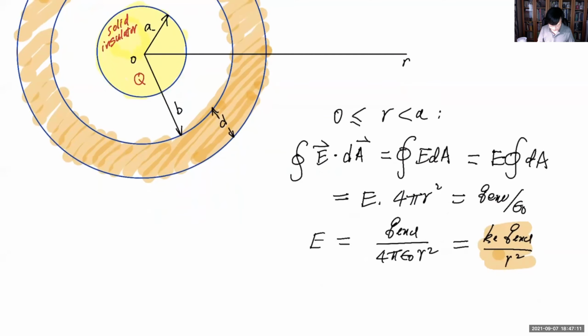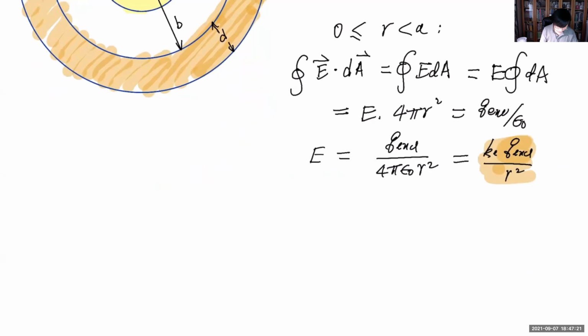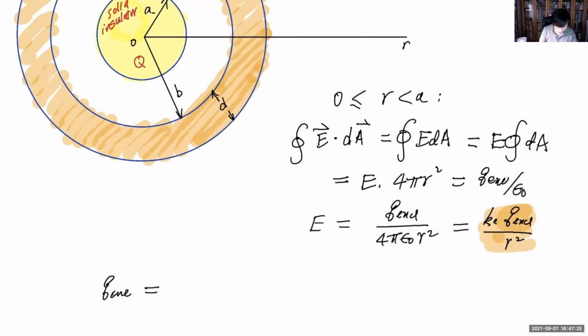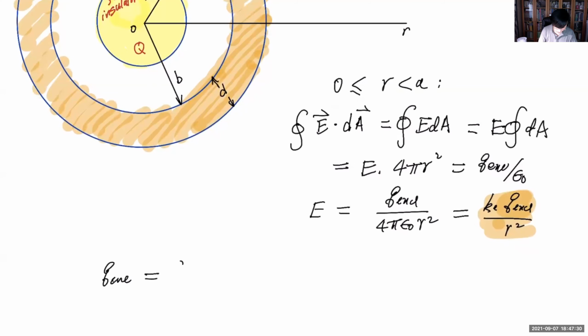Okay, so that's that. Of course, it's just a matter of how you calculate this charge enclosed between 0 and r. Between 0 and r, Q enclosed is equal to a fraction of the total charge. The total charge of the entire sphere is big Q. What's the fraction? The fraction is the charge inside a sphere of radius small r versus the charge of the entire yellow sphere of radius a.